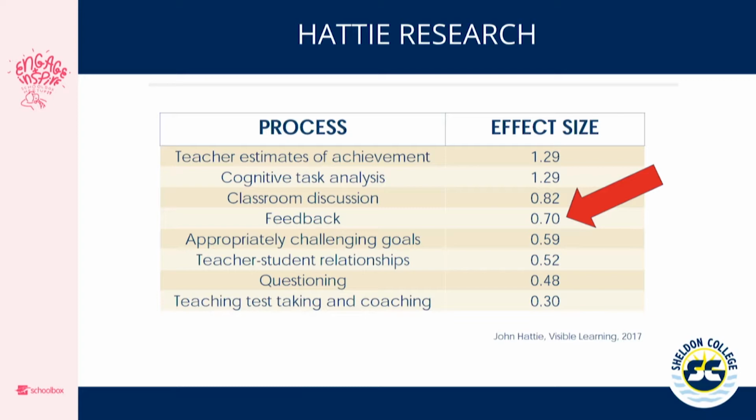So this diagram here demonstrates the impact quality feedback can have on students' learning, and we refer continuously to Hattie's work in regards to this, because we don't want to pour money, time and resources into something that's not going to have any educational benefit whatsoever at our college.